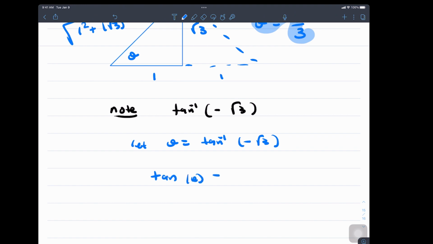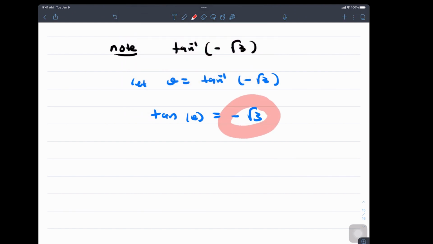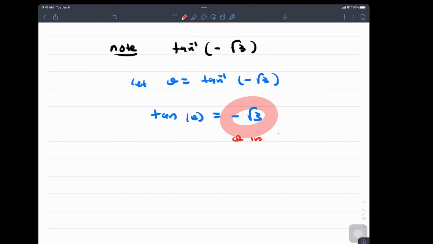Tangent theta is what? Negative square root of 3. And you go, wait a minute. Tangent's negative? Yeah, what does that mean about theta? Theta is in quadrant what? 4. Easy breezy lemon squeezy.